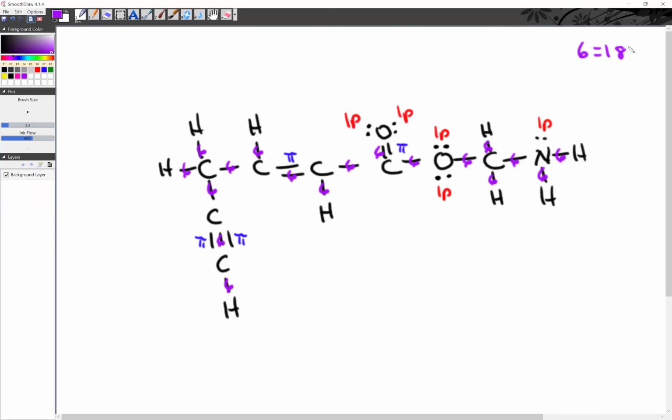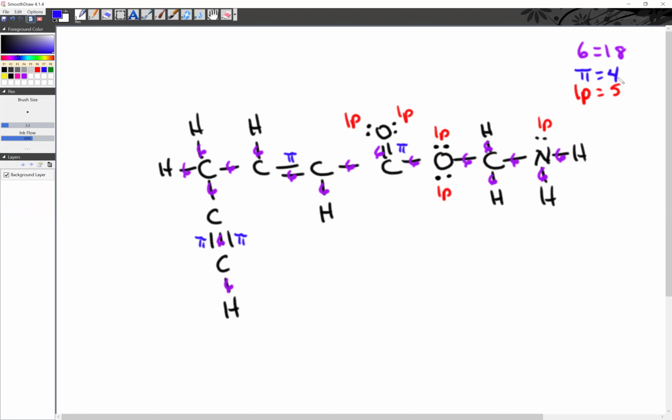So there's 18 sigma bonds. There are 5 lone pairs. And pi bonds, there was 4.